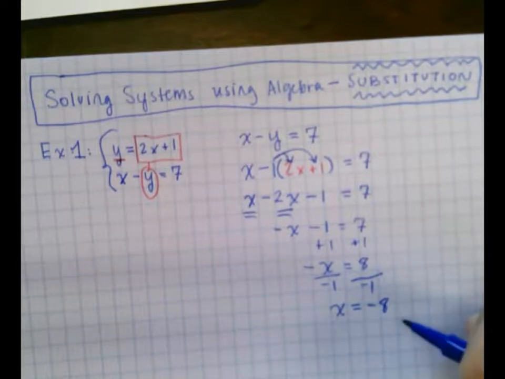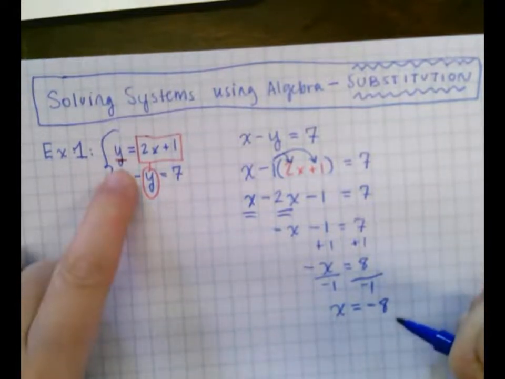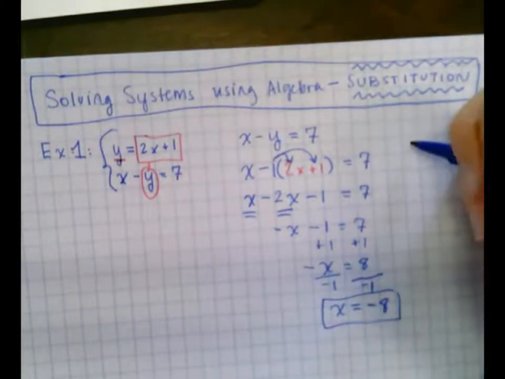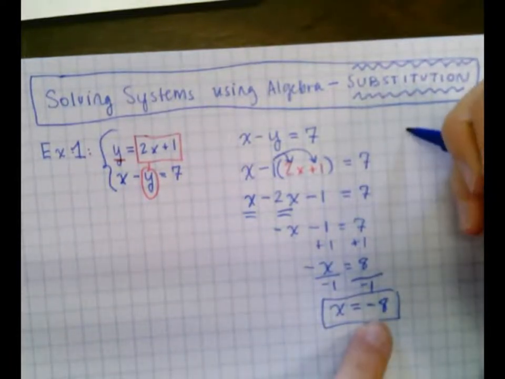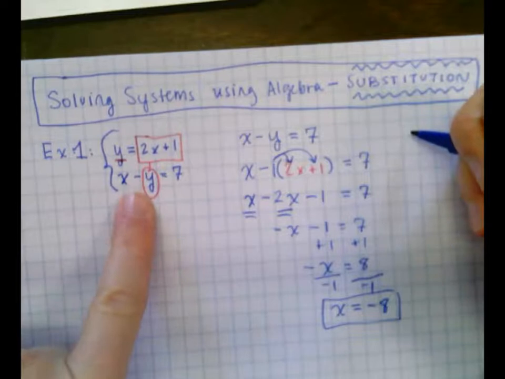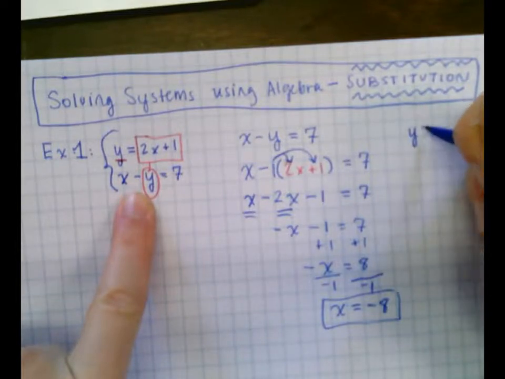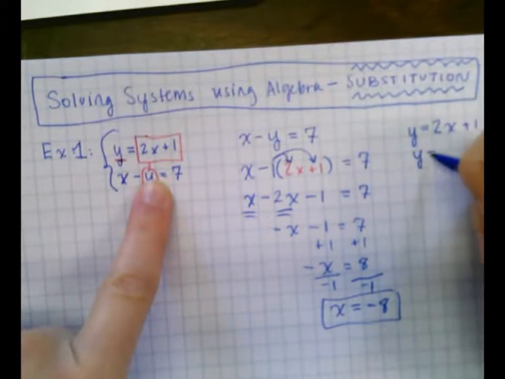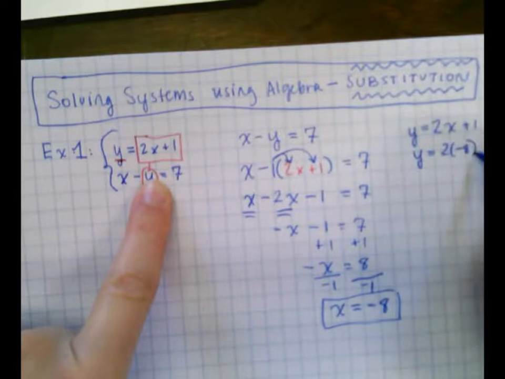Now, I'm not done yet because I still haven't found y, but I do know x, so that's going to be important. Now I can take that x value and plug it into either of my two original equations to get a y value. The equation that's going to be easiest to plug into is the first one. So I'm writing y equals 2x plus 1, and then I'm going to replace that x with the -8.